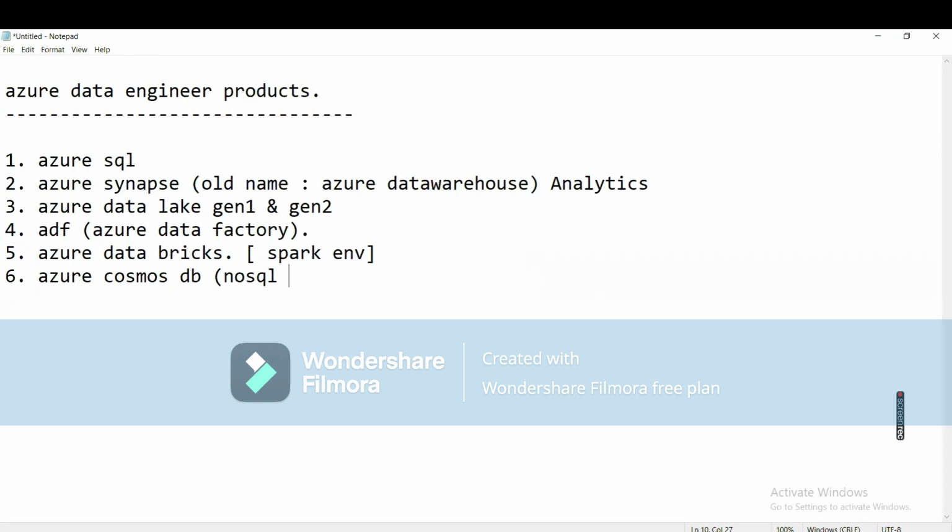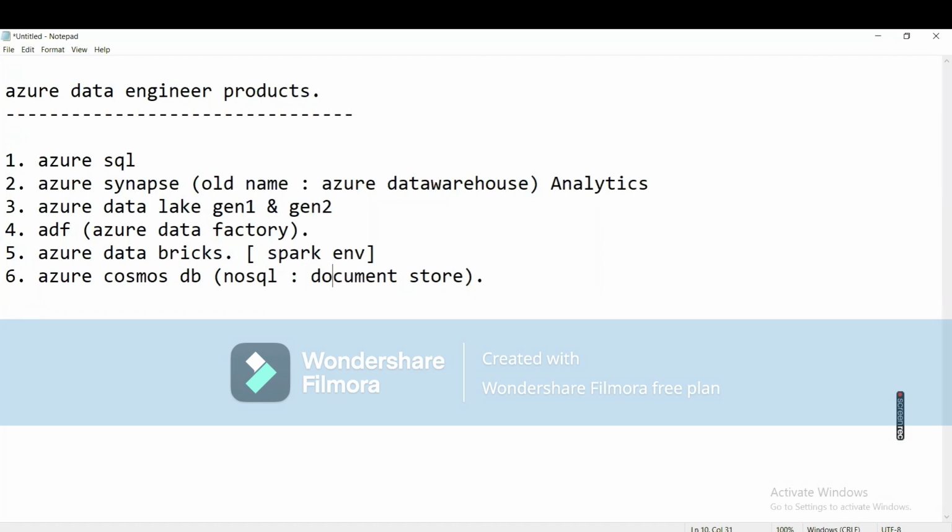In NoSQL, there are different types, like key-value store, document store, columnar store, and graph store. Cosmos DB comes under document store. MongoDB is a popular example of this.